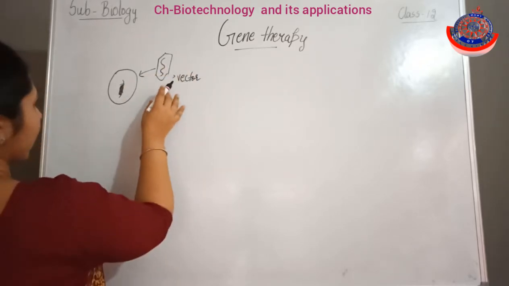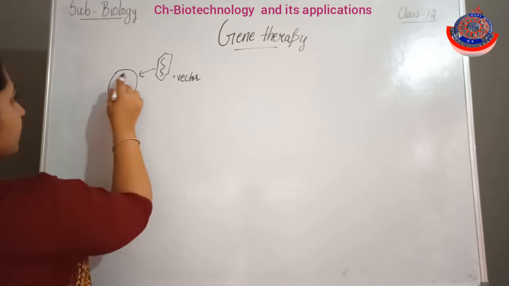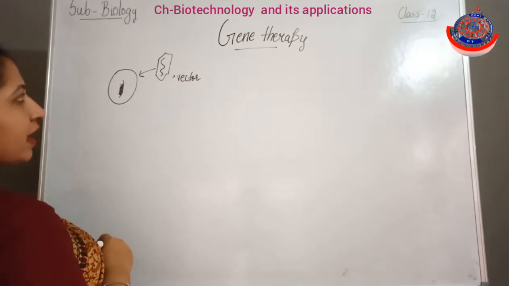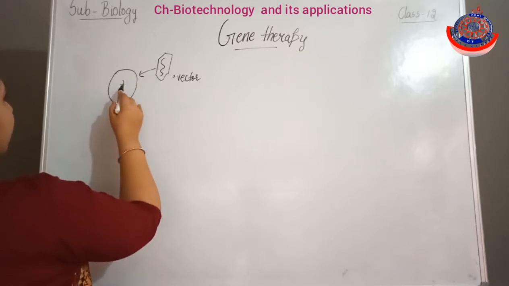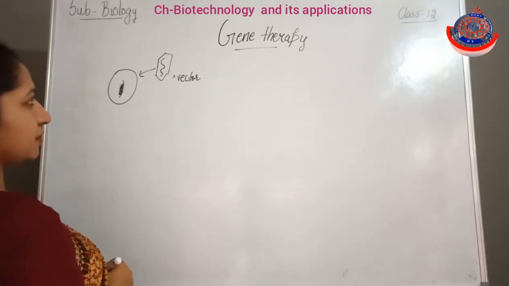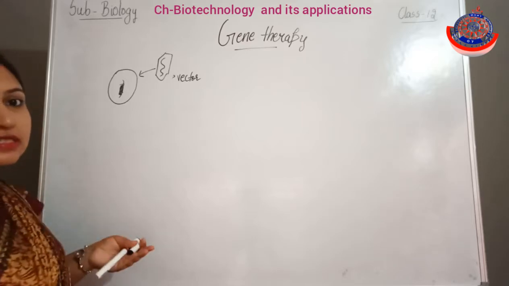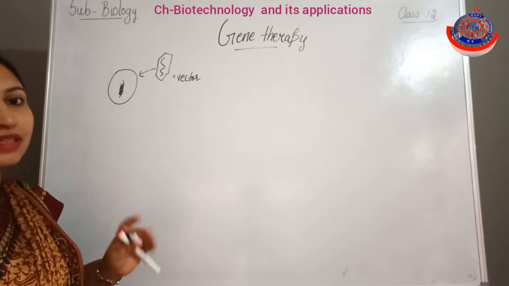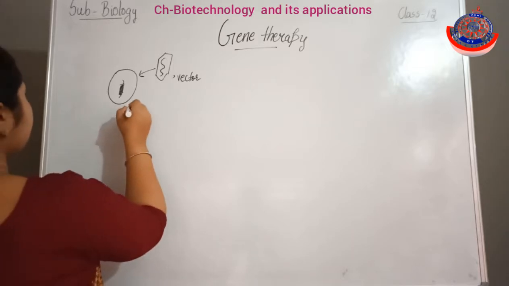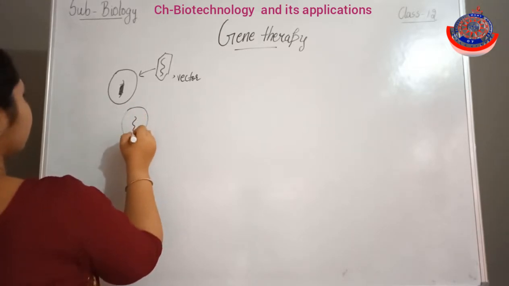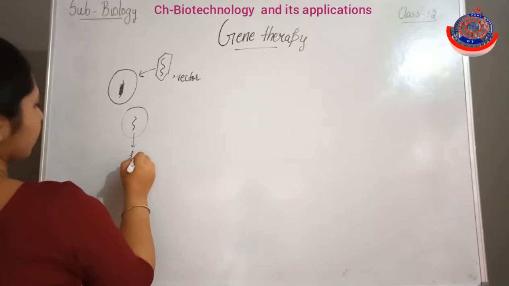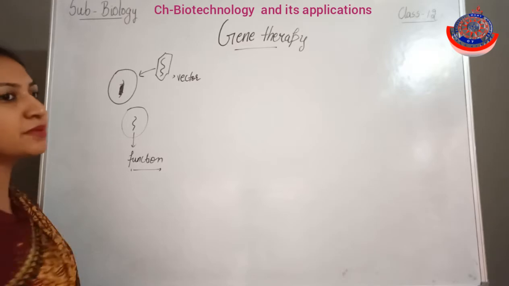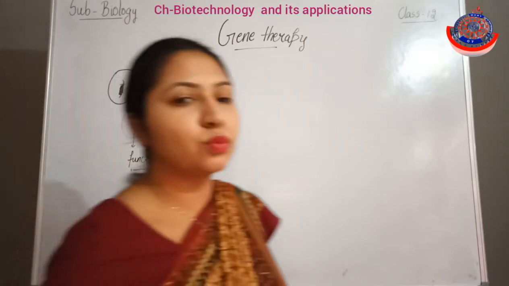When this vector is introduced in this cell, the gene also gets introduced, and then this gene can replace the defective gene. So the defective cells having the defective gene can be replaced by the normal gene, and then the normal gene will show its function. On this principle only, gene therapy works.